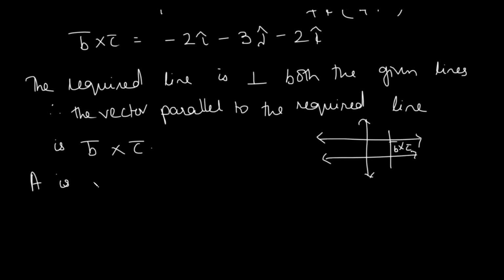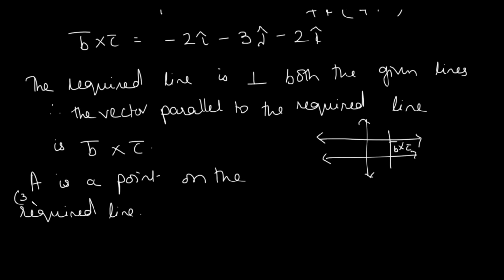A is a point on the required line, and A has the coordinates 3, -1, 2. Therefore, we can write A bar = 3i - j + 2k. This is the position vector of a point on the line.